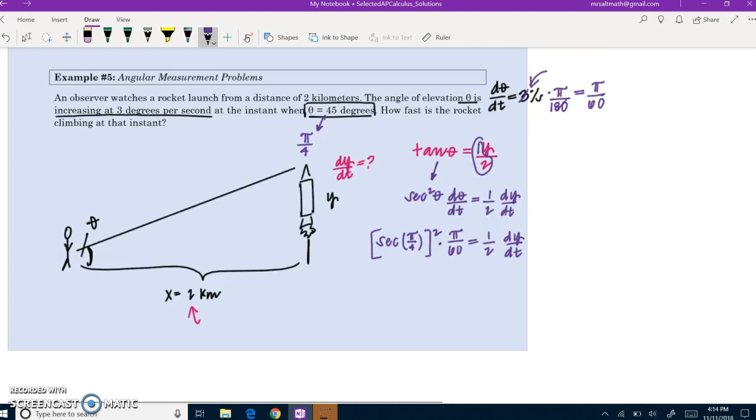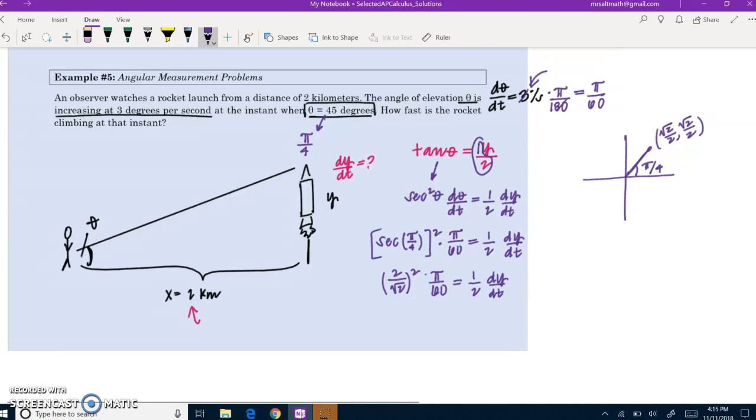So if you just want to give yourself a nice little unit circle to think about, at pi over 4, our sine and cosine values are both root 2 over 2, and so secant is going to be the reciprocal of cosine, so we can just take that root 2 over 2 and flip it upside down. So this will become 2 over root 2, that quantity squared. That's what we're going to multiply by pi over 60, and that's going to be equal to 1/2 dy dt.